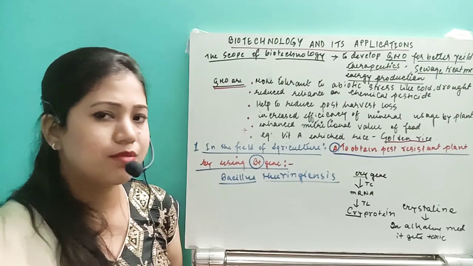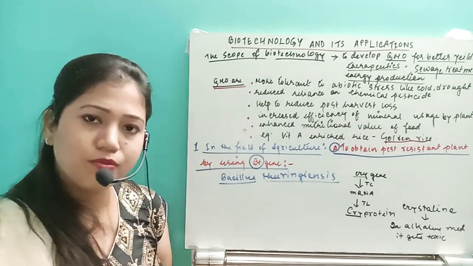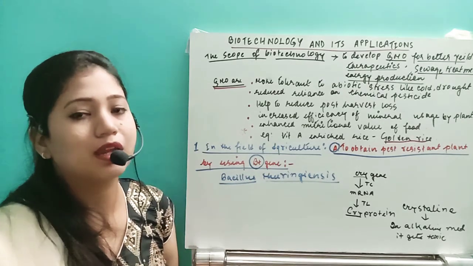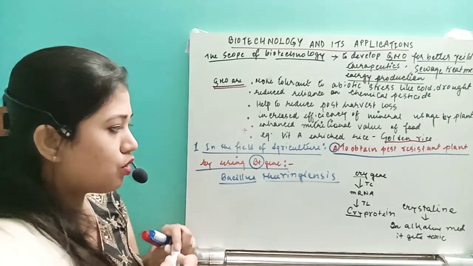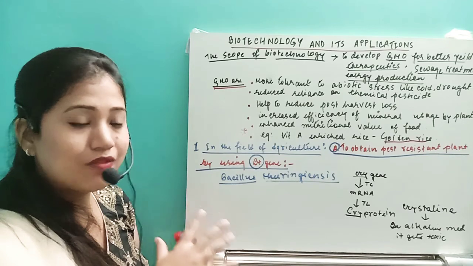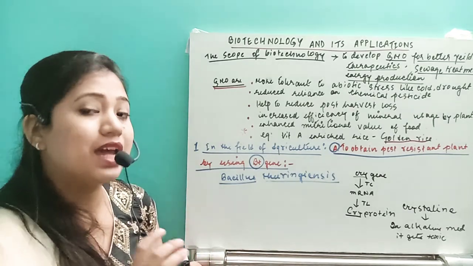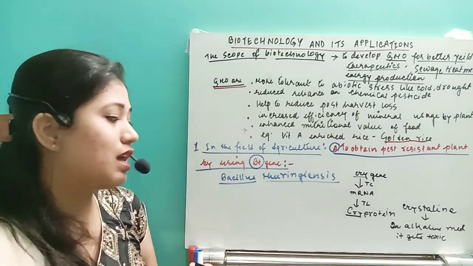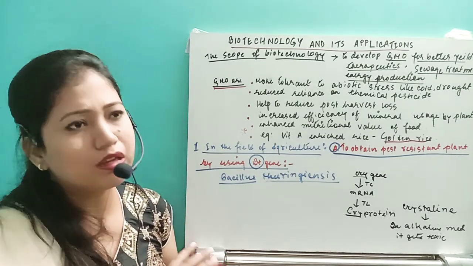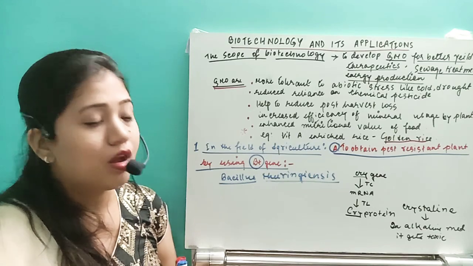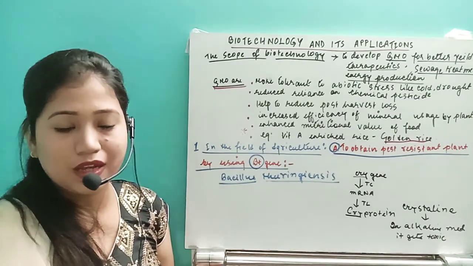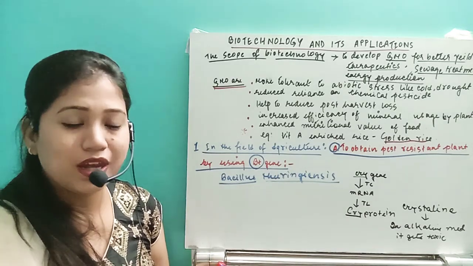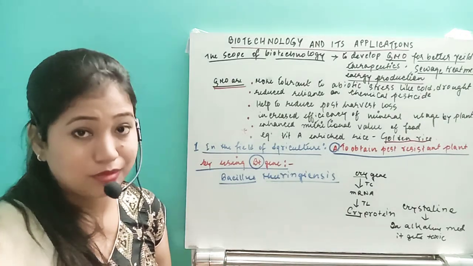Okay, so this is the normal condition. Bacillus thuringiensis, that bacteria, doesn't have any problem, because in case of Bacillus thuringiensis there is no alkaline medium, right? So the scientists discovered the cry gene, and then the cry gene was inserted inside a plant. In India, various types of BT plants are available, like BT cotton, BT brinjal, BT soybean, BT tobacco.